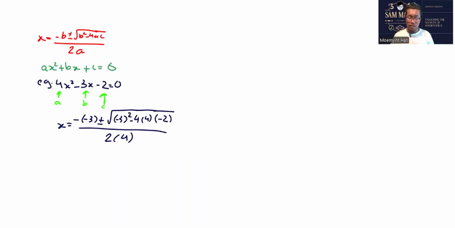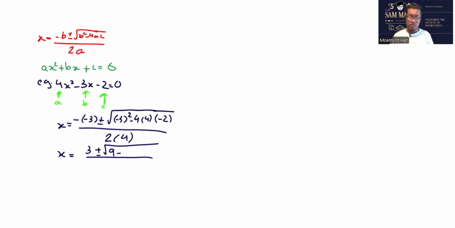So x is going to be 3 plus or minus the square root of negative 3 the whole square, which is 9, minus 4 times 4 is 16, 16 times 2 is 32.